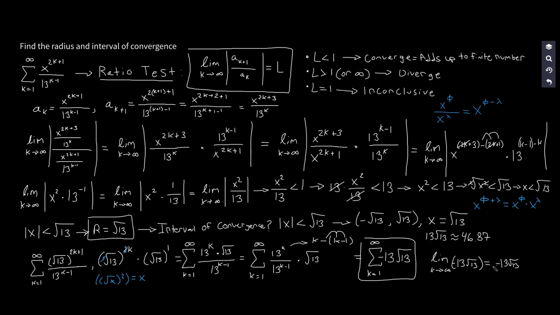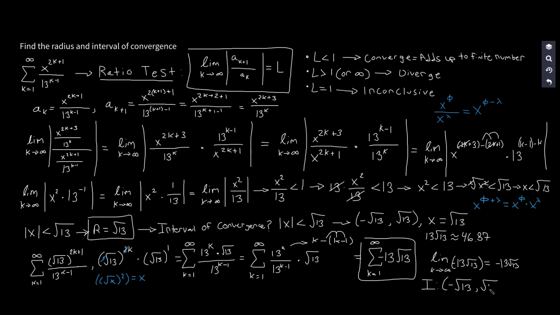So what that means is that the interval of convergence, which I'm going to denote with a capital I, is going to be a left parenthesis, negative root 13 for the first endpoint.